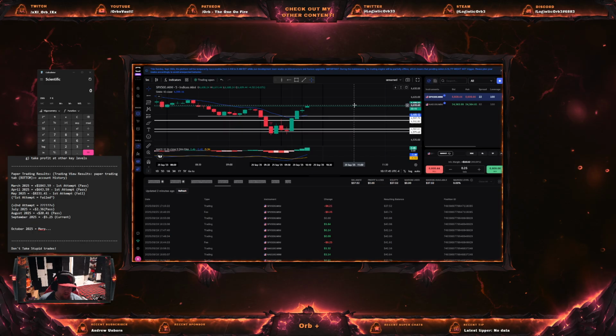Okay? But because it was disrespected, we got a second break of structure, a second order block. That order block was not retested. Instead, we got a move up, came within, and then a price gap. This price gap is the result of press leaking information before it was out.